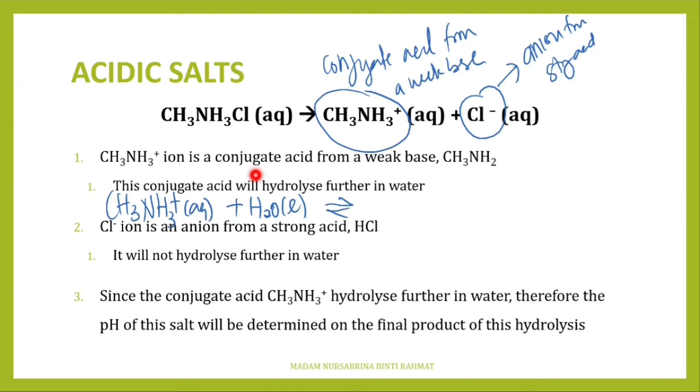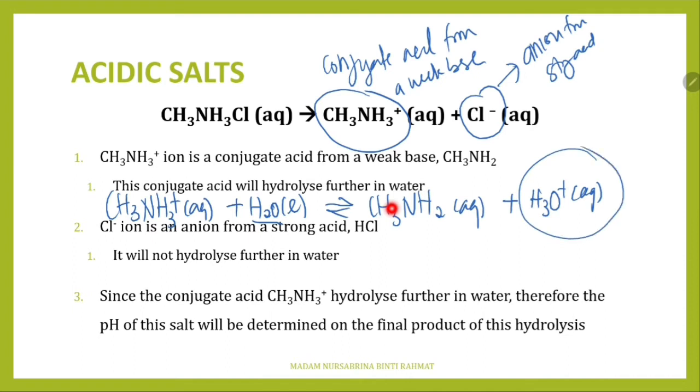So one H and the plus charge are removed, leaving CH3NH2, and the H+ donated from your conjugate acid CH3NH3+ is accepted by the water molecule, making it H3O+. So in this hydrolysis, we produce H3O+, which is the property of an acid.